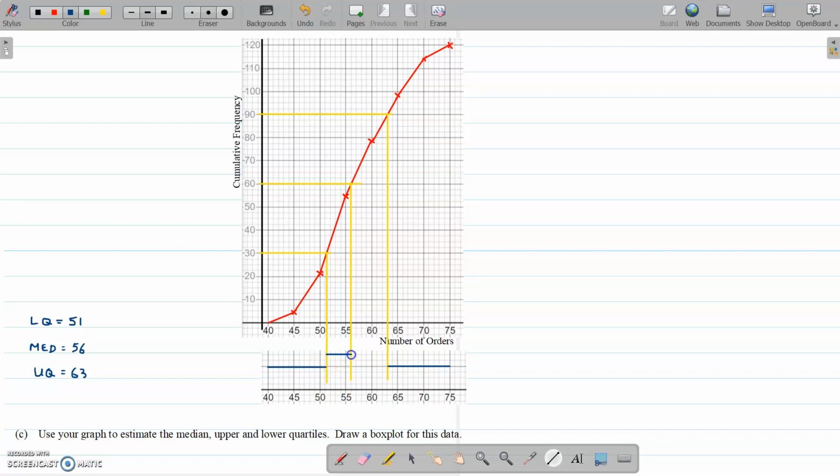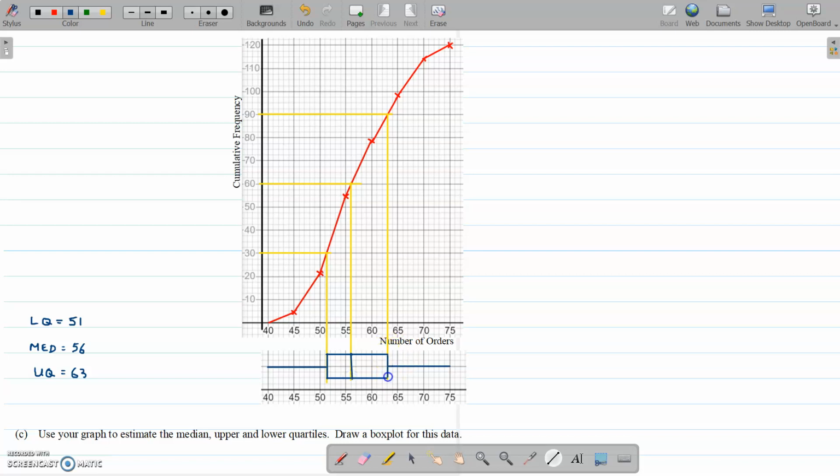It doesn't matter how wide the box is or how high it is, it just is a box like that. Then the three key points to show on the box: the lower quartile is the end of the box, like that. I'll try and do that one a bit more vertically, but you can see the idea, I'm sure. The median is that one there, and the upper quartile is the other end.